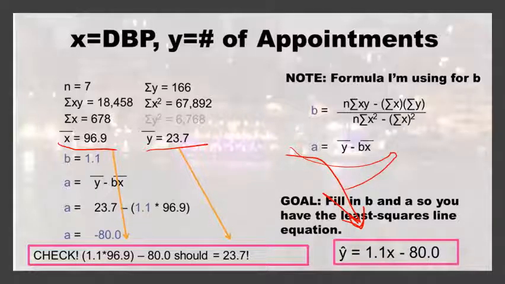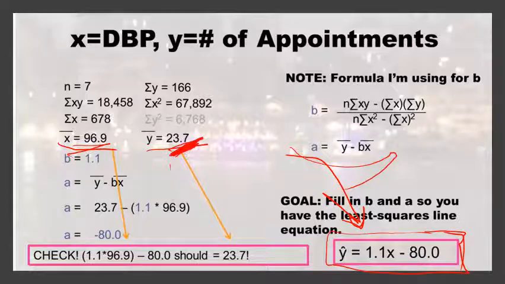Now that we have our least squares line equation, we can plug everything in and see if we get y. We are going to plug in our x using the b and a that we already calculated. And if we get the y that we already know, then that means our equation is correct. Our b and our a are correct.